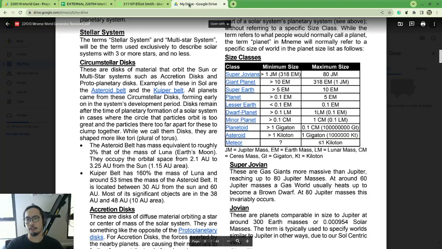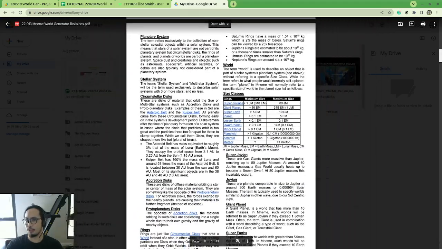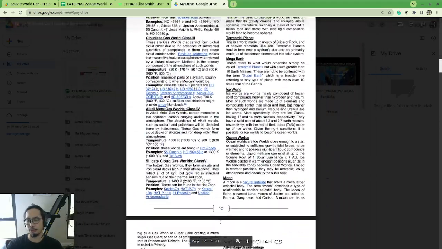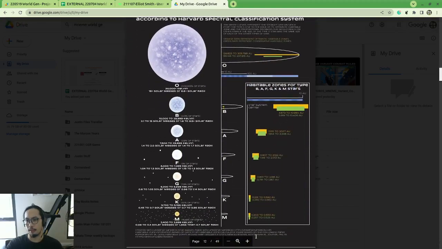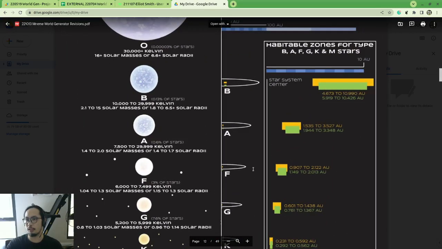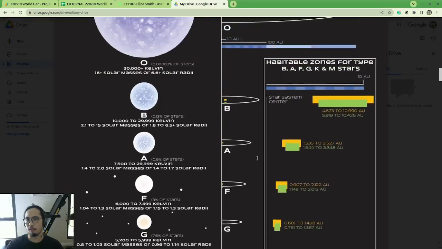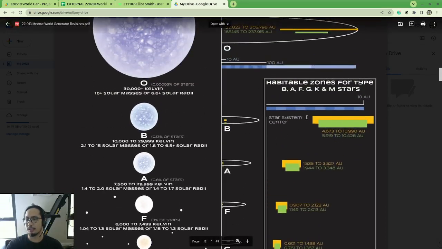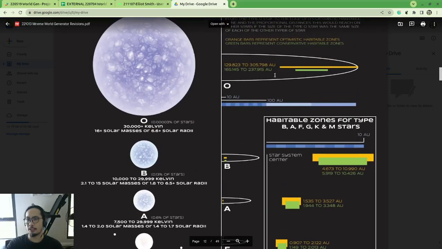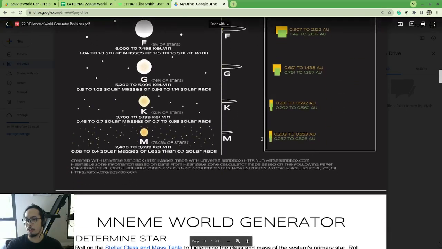Okay, Nico had a great illustration of it here. Let me show you. Here's one of Nico's illustrations. He did a great job of showing how the bigger the star, the greater the bands.